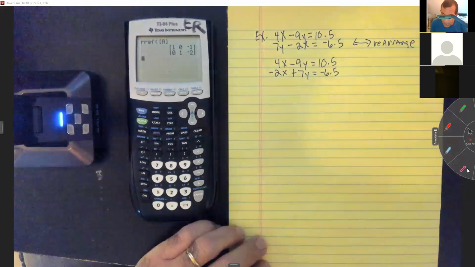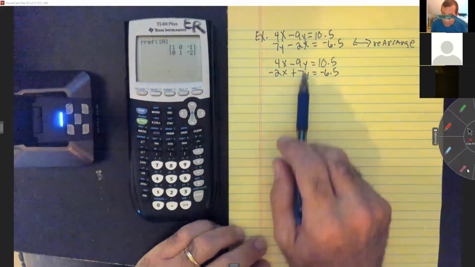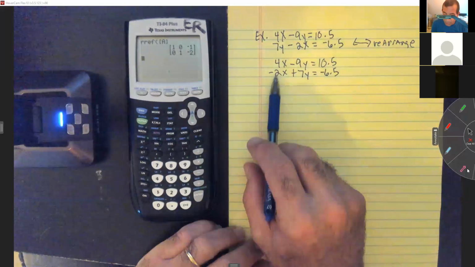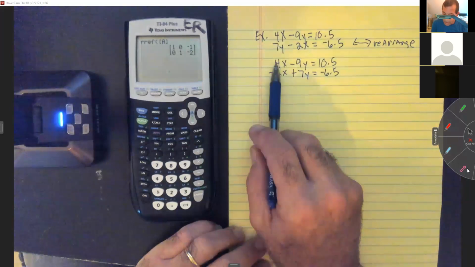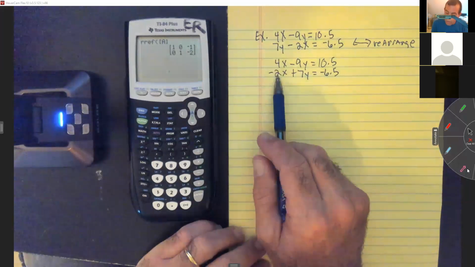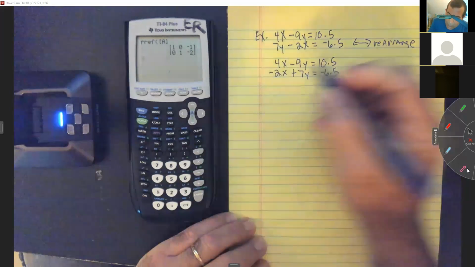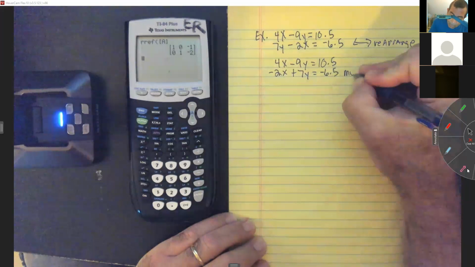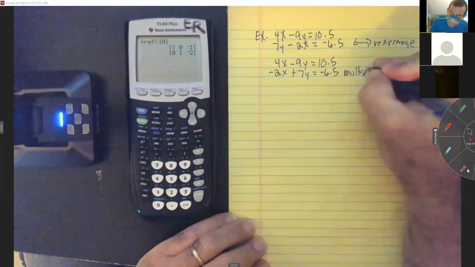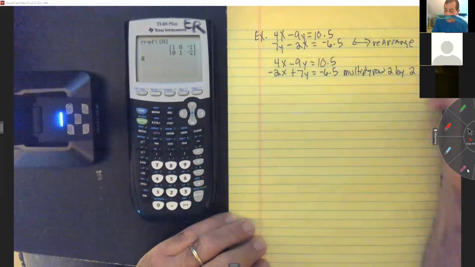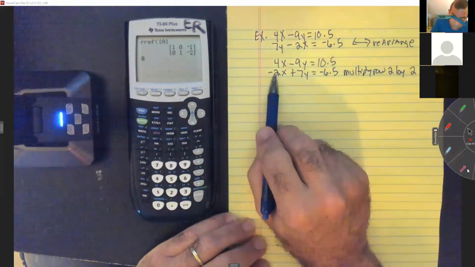All right, so I'm noticing nothing will cancel if I add, and it looks like the easiest thing to do, since that's a 4x, is to make this into a negative 4x somehow. So to make that a negative 4x, I got to multiply row 2 by 2, because 2 times negative 2 would make that a negative 4.